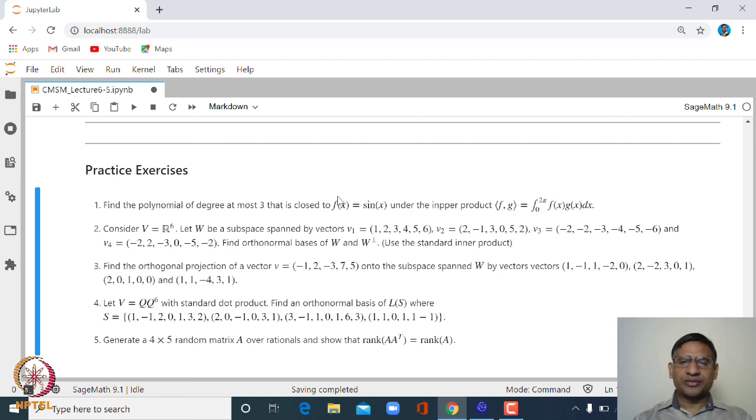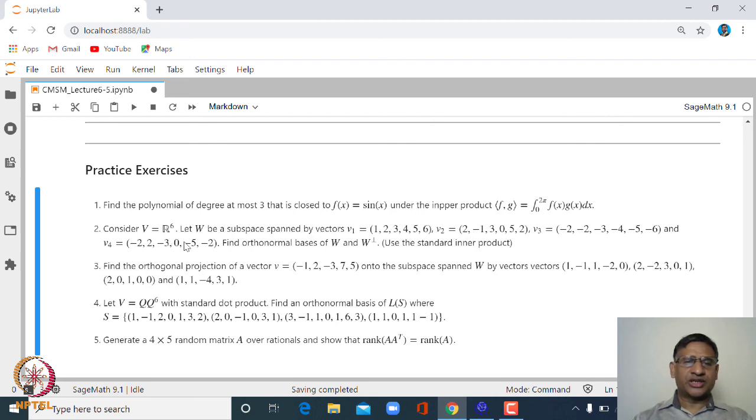What it means is that if you look at the sin x function and we want degree at most 3, then the subspace spanned by the constant polynomial, degree 1, degree 2, degree 3 will be a subspace. Then the vector which is closest to this function is going to be the orthogonal projection of this function onto the subspace spanned by 1, x, x square, x cube. That is what it means. So that is how you can solve this problem.